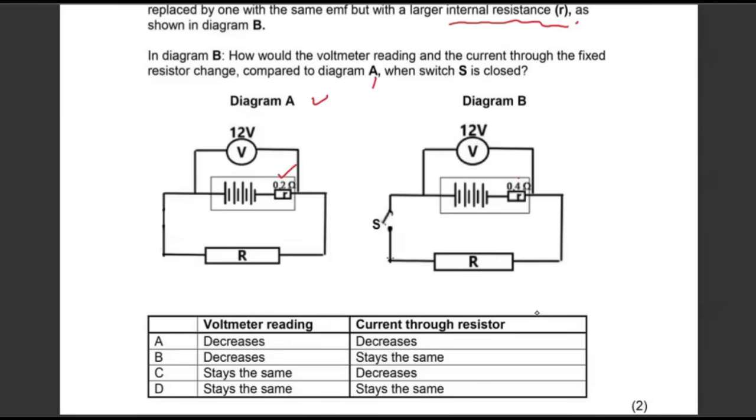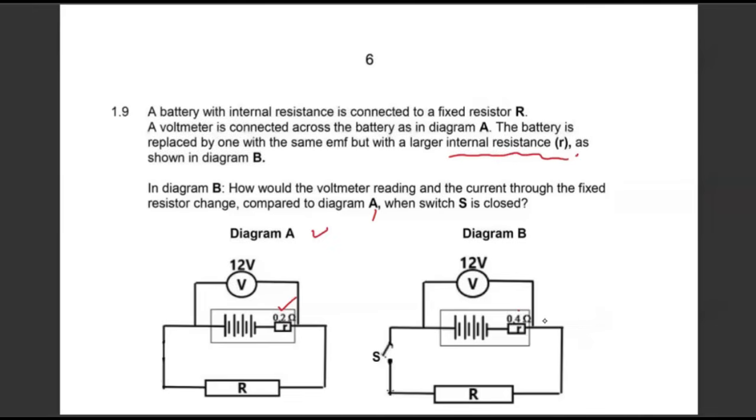So when you look at diagram B, our focus was A, and the battery is replaced by one with the same EMF, but with a larger internal resistance as shown in B. So the same EMF, but it's just the internal resistance that is greater.